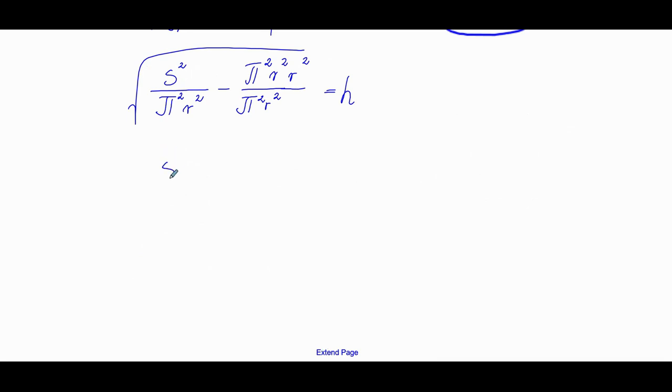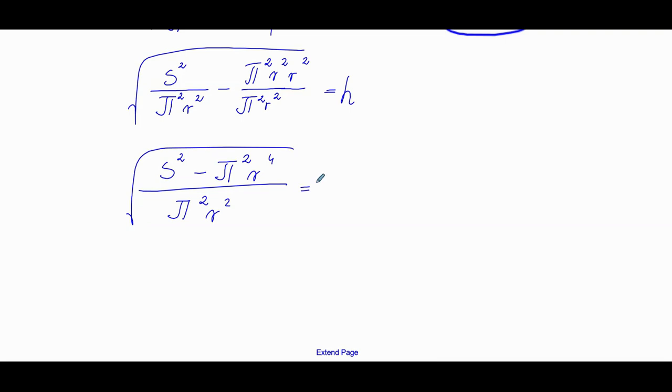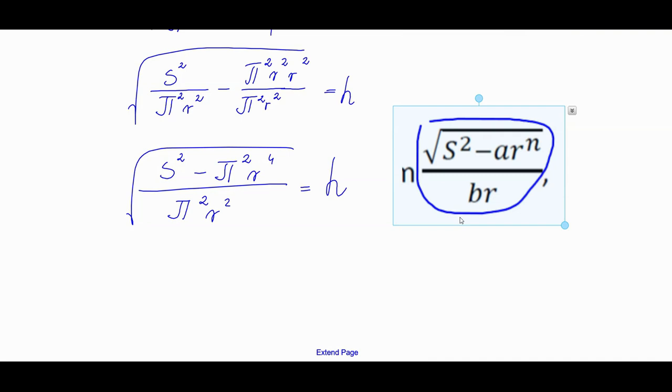Okay, so now let's write it as one fraction, so that again we can consider what we have and what they have and how we get there. So we now have one fraction. Then we are looking at the square root. They have the square root on the top of the fraction, not at the bottom.